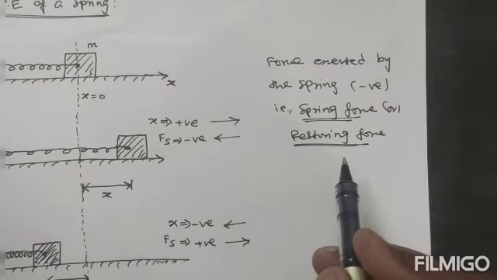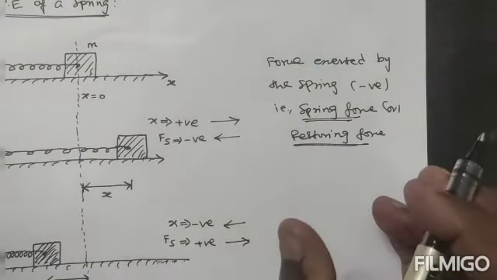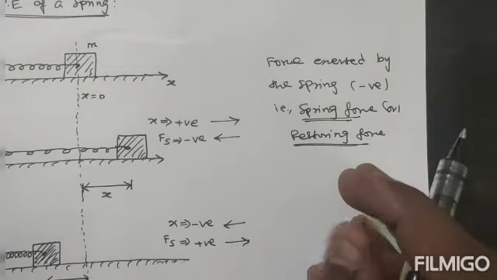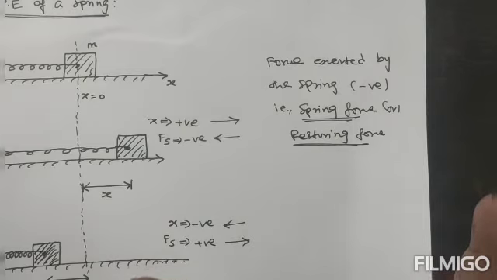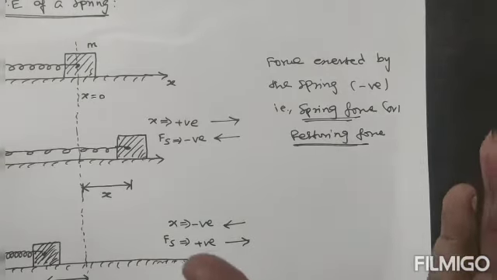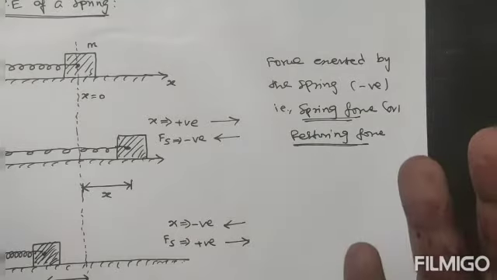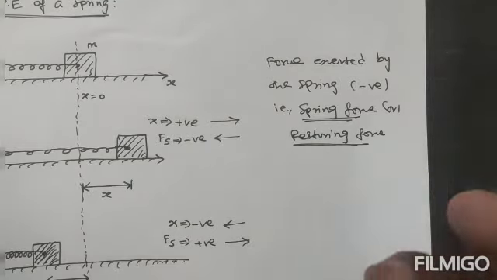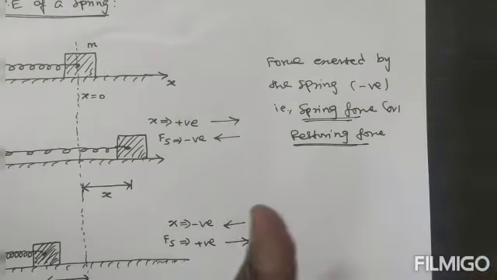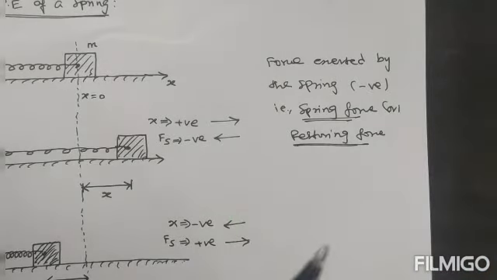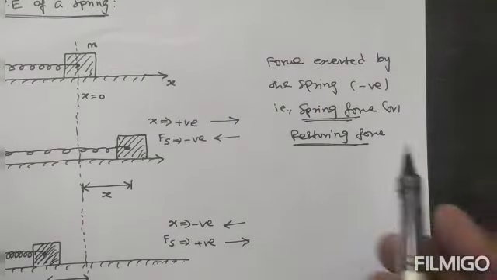Now for an ideal spring, a good spring, while we apply an external force and displace it, whether it is stretched or compressed, the displacement is directly proportional to the spring force.